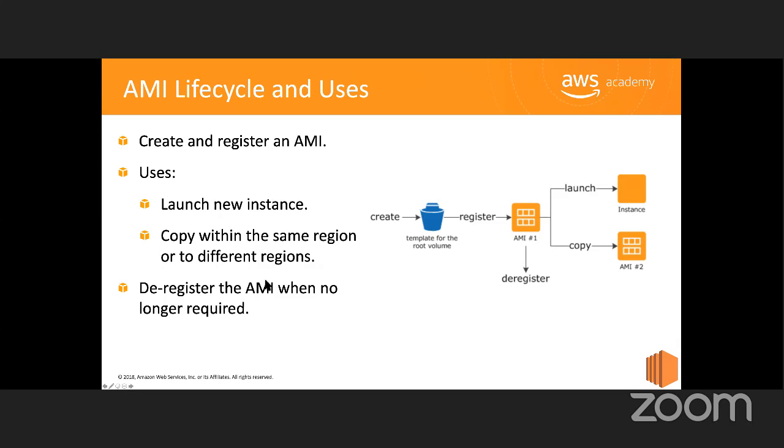With that AMI, you can create an exact copy of that EC2 in another region, because AMIs are per region. You cannot use the same AMI in a different region. You have to make a copy of it. That's the way you can do it.